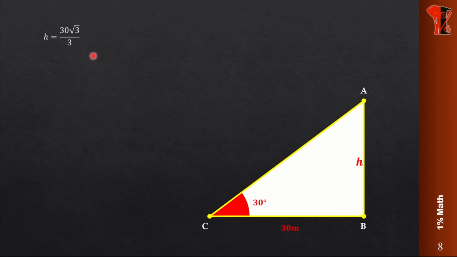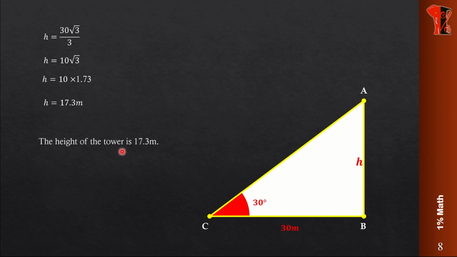So further simplification, what happens? I will get 30 root 3 by 3, cancel off 30 and 3. I will get 10 root 3. Then if I take the value of root 3 as 1.73, I will get h is equal to 17.3 meters. So therefore the height of the tower is 17.3 meters. Hope you all understood this.